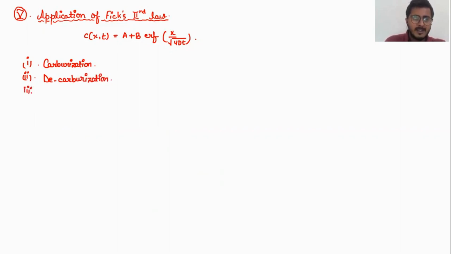So these are the three applications which we will be learning in Fick's second law. We'll discuss what is carburization, what is decarburization, what is alloy coupling, and we'll derive the solution for all of these applications.